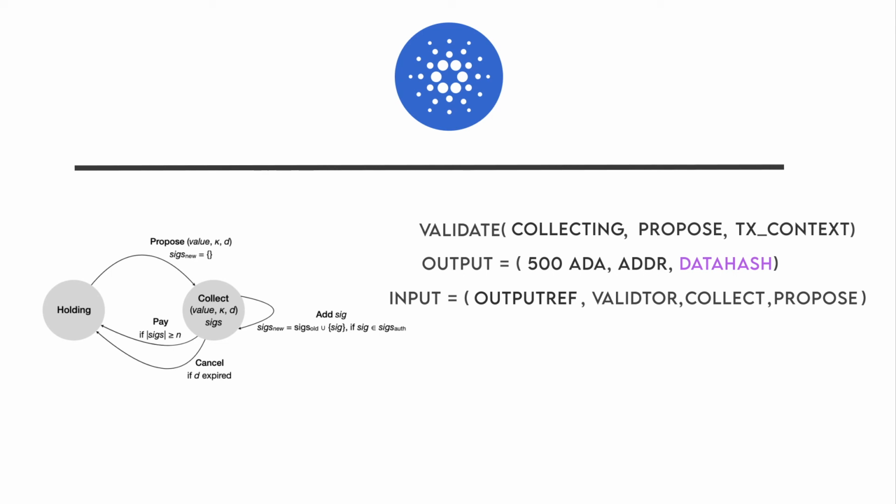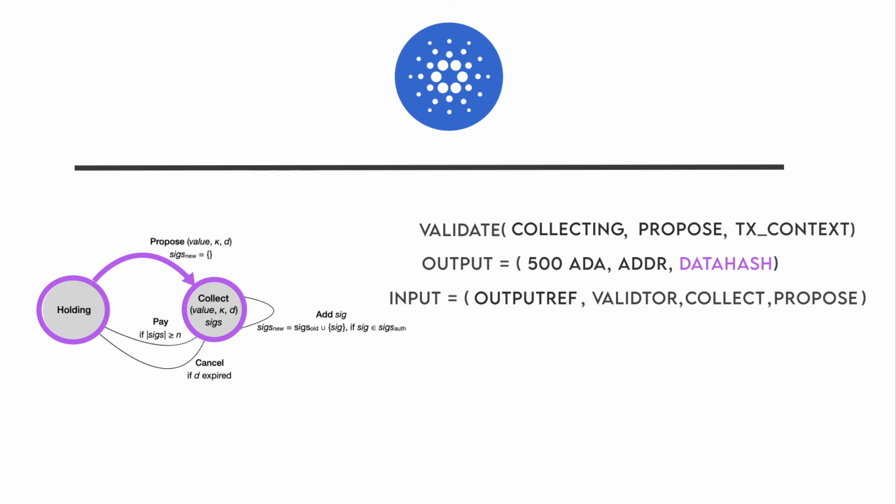We see that we were previously in the holding state, and the consuming input is trying to reach the collect state via a proposed transition. From our animation, we see that this is indeed a valid transition, and we will be adding a new empty set of signatures to our state.